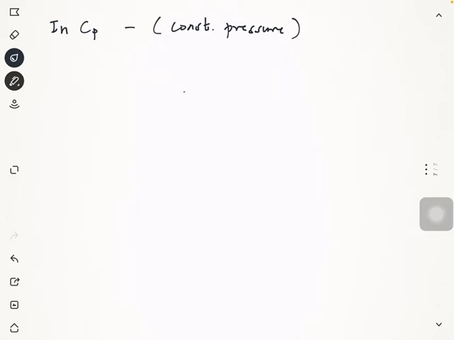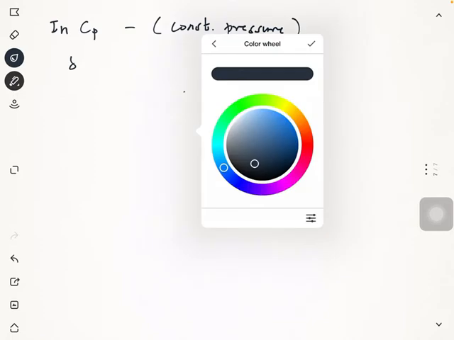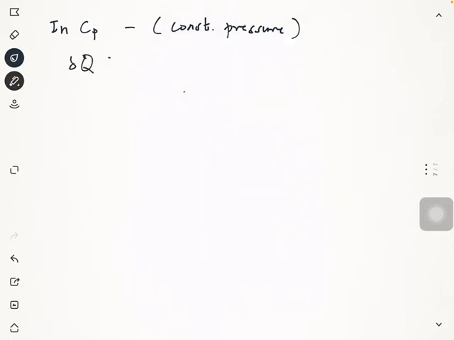So back to our formula, the first law, we have the inexact differential of Q, that is dU plus the inexact differential of W. Since this differential of W is PdV, we have the inexact differential of Q equal to dU plus PdV.